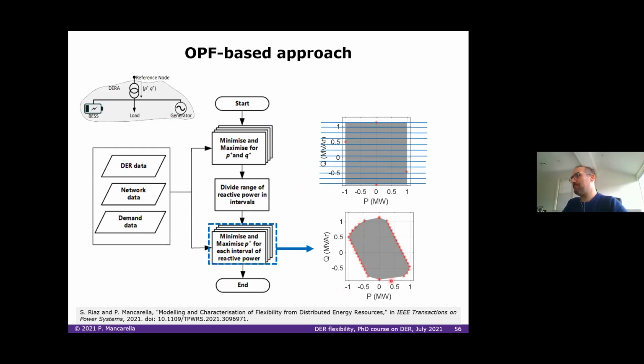So for example, if you take a slice here, you will look at the minimum and the maximum power flow that you have. And then you do this slice by slice, and then basically you end up building this kind of map. So this is the OPF-based methodology, and there are all the details in this paper.